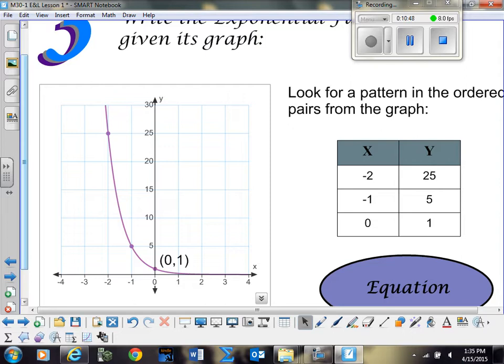But if I have a base of 1/5, then a negative x value will make the y value 5. And I see that the graph is decreasing, so I know that the base has to be a fraction. That fraction, when I raise it to a negative exponent, becomes 5 over 1, which is 5. And 1/5 to the negative 2 is the same as 5 over 1 squared, which is 25. So it looks as if our base must be 1/5.